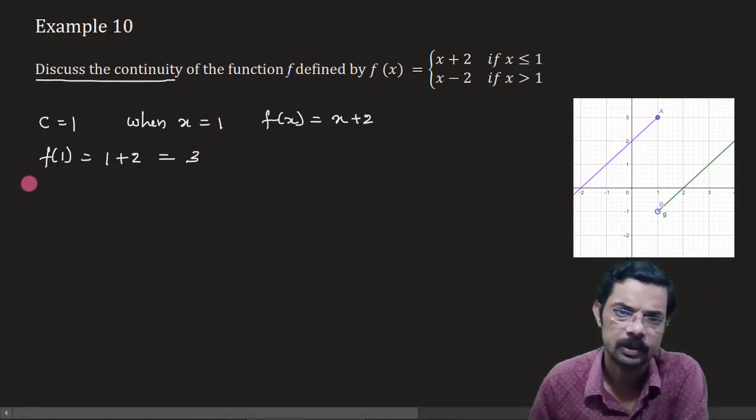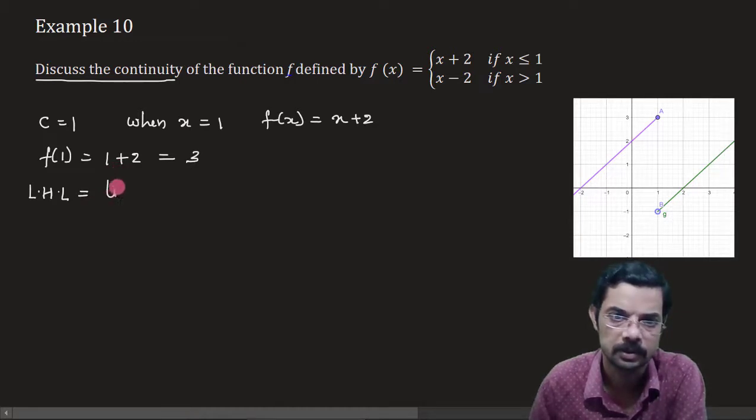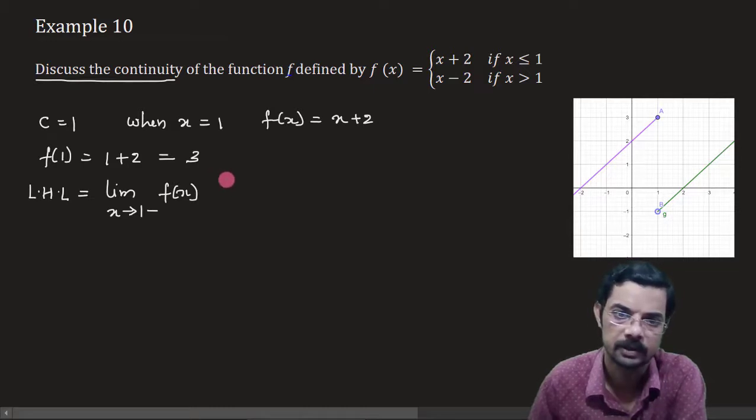Now we will check the left hand limit and right hand limit at 1, because that is the point where the function gets divided into different pieces. Left hand limit equals limit x tends to 1 from the left of f of x. We shall find the value of the limit from the left hand side of 1.